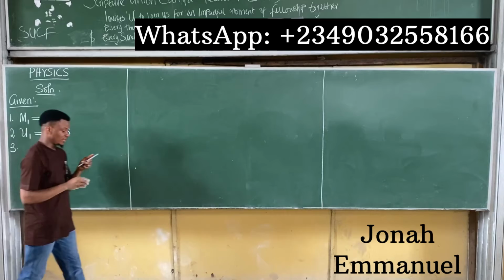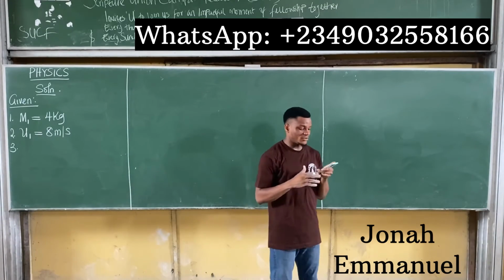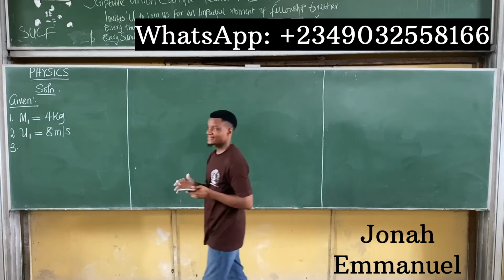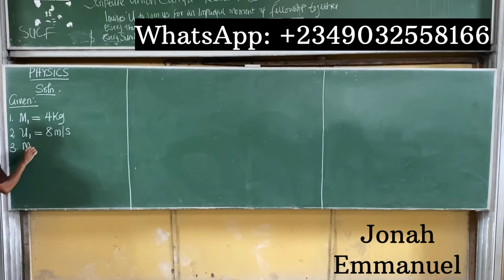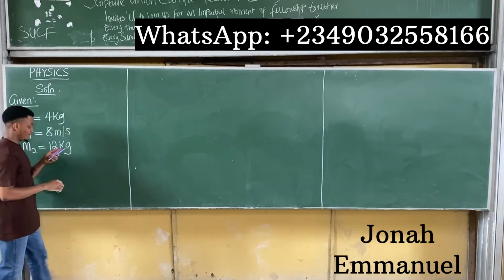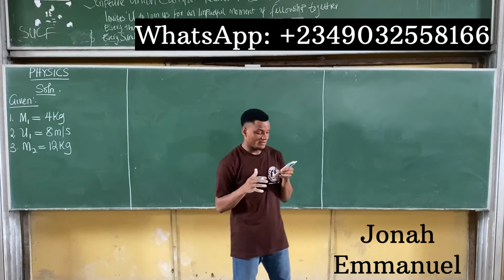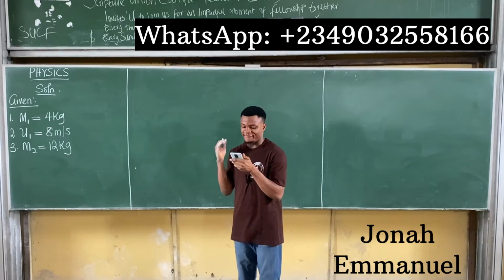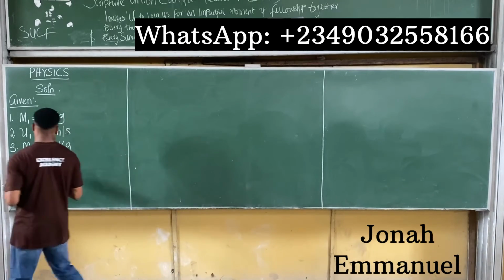Number 3, proceeding, they said collides with a stationary ball of mass 12 kilogram. So I'm given a second mass, M2, equal to 12 kilogram. Next up, they said they stick together, full stop. What is the final velocity? Now, first things first, they said this ball here is stationary.